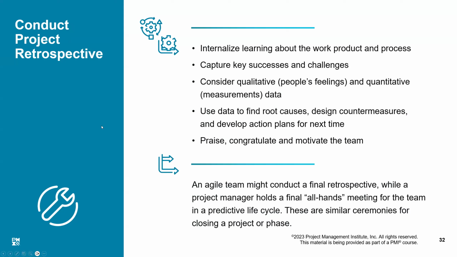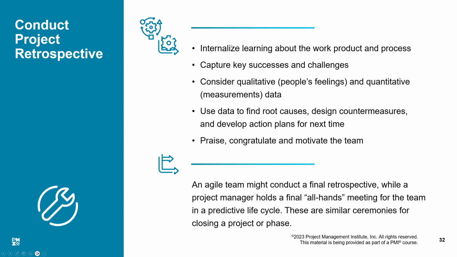So as far as conducting project retrospectives are concerned, we already understand it very well. In Agile and hybrid, we would have this concept. In hybrid, the iterations could be quite long, but in Agile, they are very appropriate size. And in predictive, it could be phase or the project closure, where the lesson learned will be done.